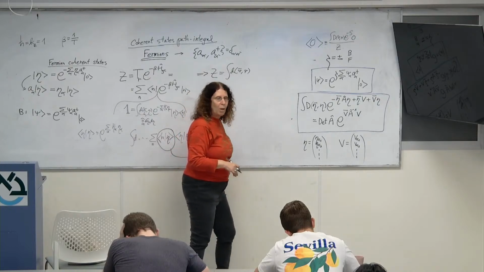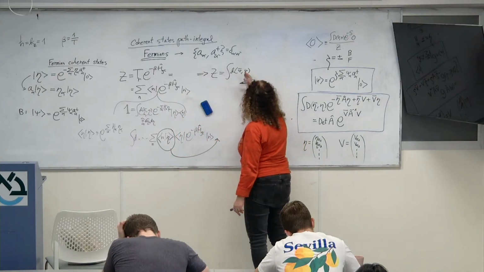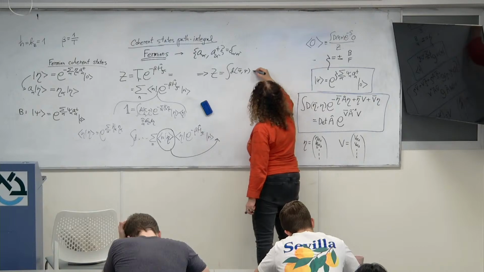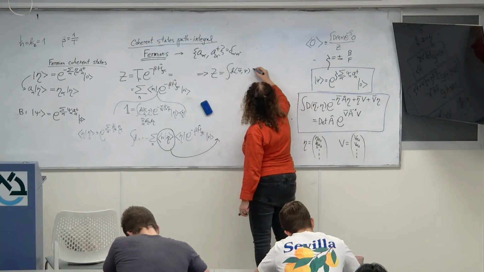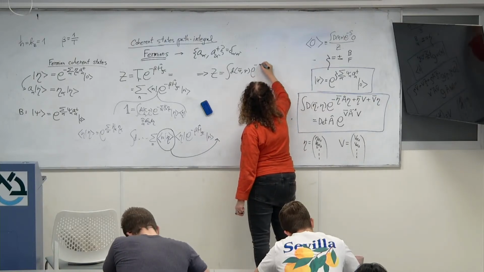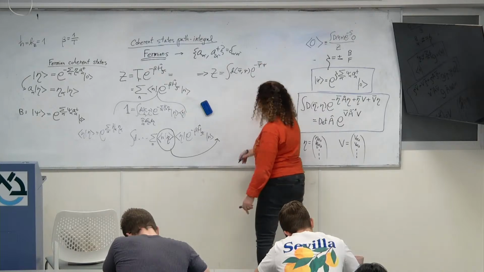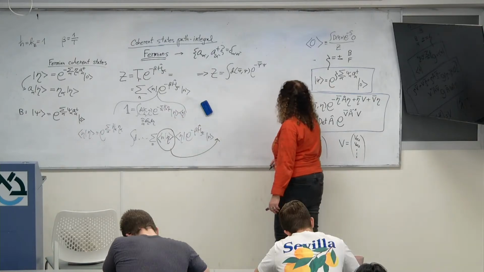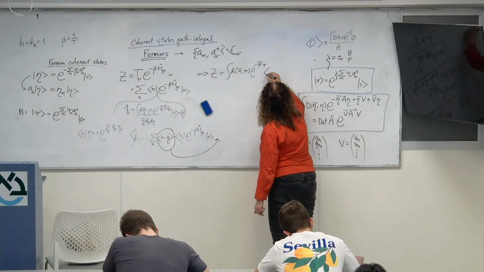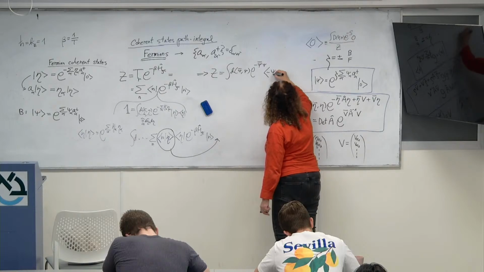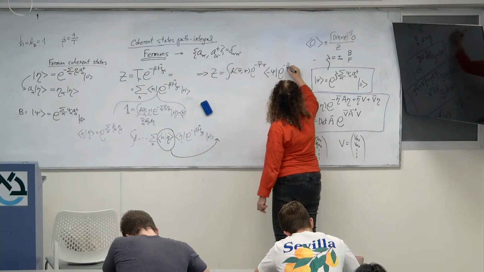Just that we keep our notation for the fields uniform. And I have this exponential, which I write as psi bar psi. Just for a shortcut. And now I have minus psi e to the minus beta h psi.